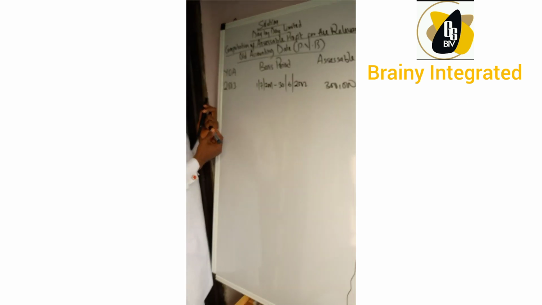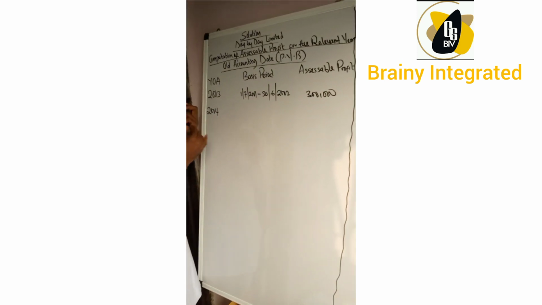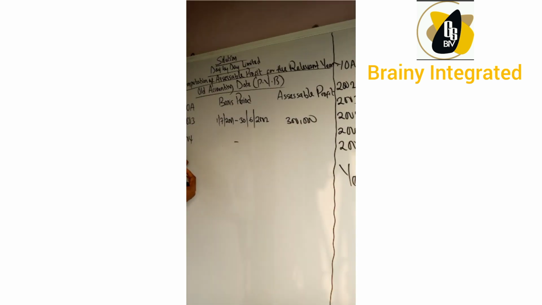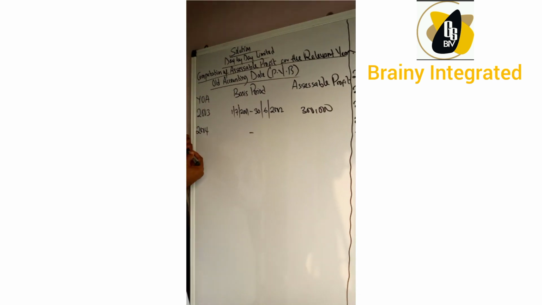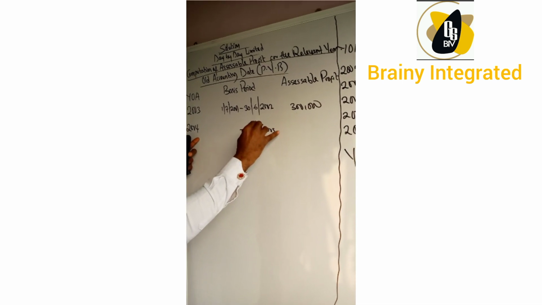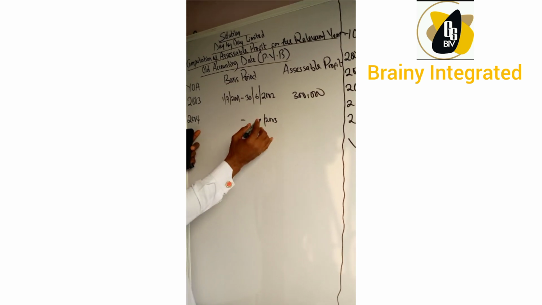So the next year of assessment should be what? 2004. Remember that we are doing on preceding year basis. So what is the preceding year of 2004? You are now going to say 2003, because 2003 is a year before 2004. What is the old accounts year end?